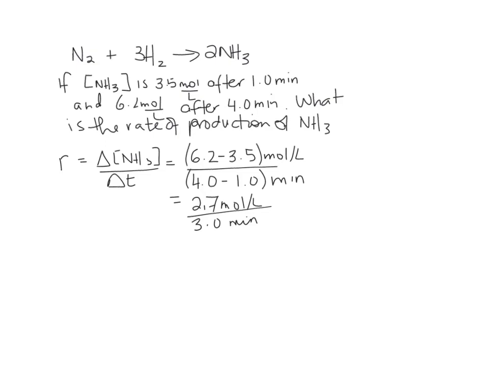The answer? Yes, please. 0.9 moles per liter per minute. So do we divide that by 60 to get to seconds, or do we just leave it as minutes? You can leave it as minutes for this question. If a question asks you for seconds, then you would have to change it. Okay, so 0.9. Now you can write mole per liter per second, or have you seen this in math?